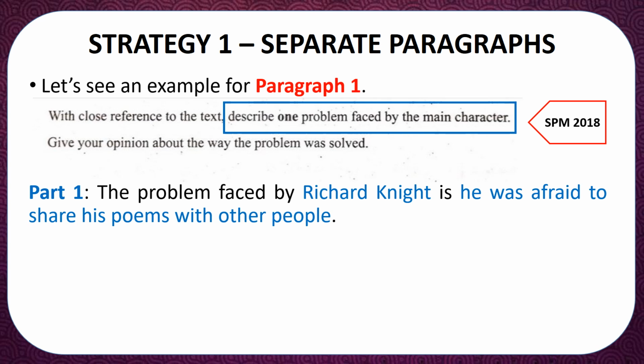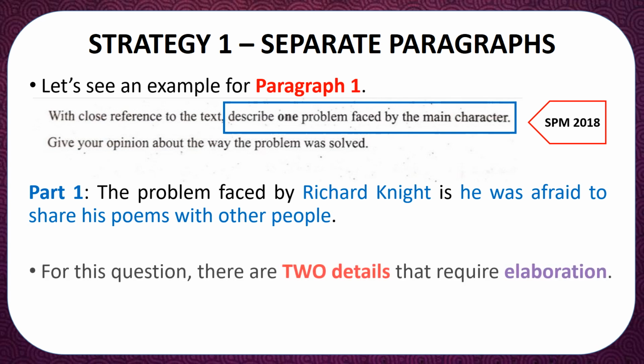Don't you think that this sentence is familiar? Well, this is the sentence that you used in part 3. Okay, so basically you just use it again, right? So the problem faced by Richard Knight is he was afraid to share his poems with other people.